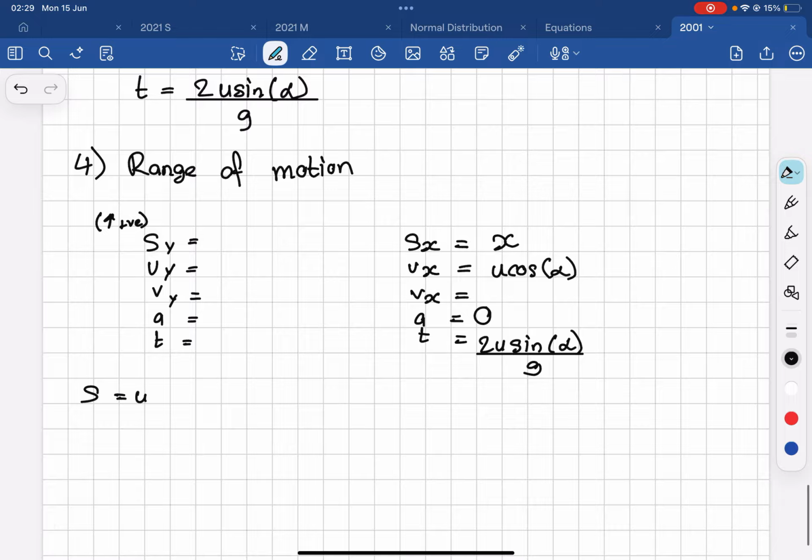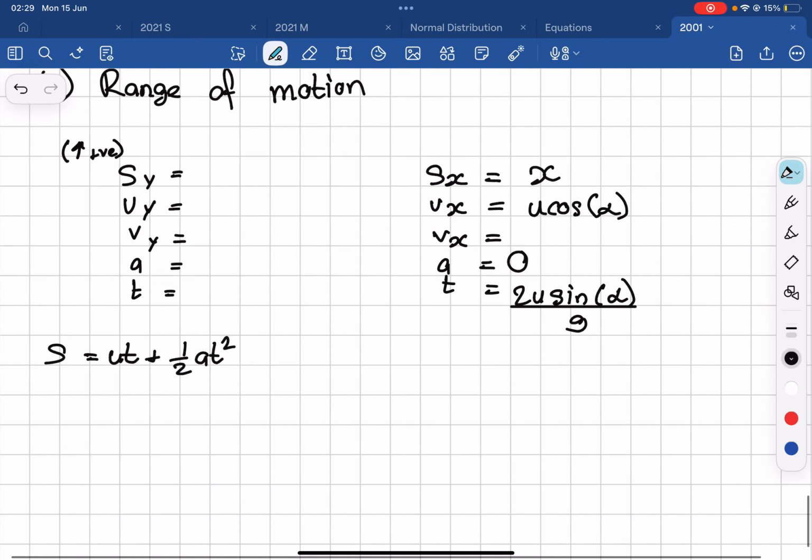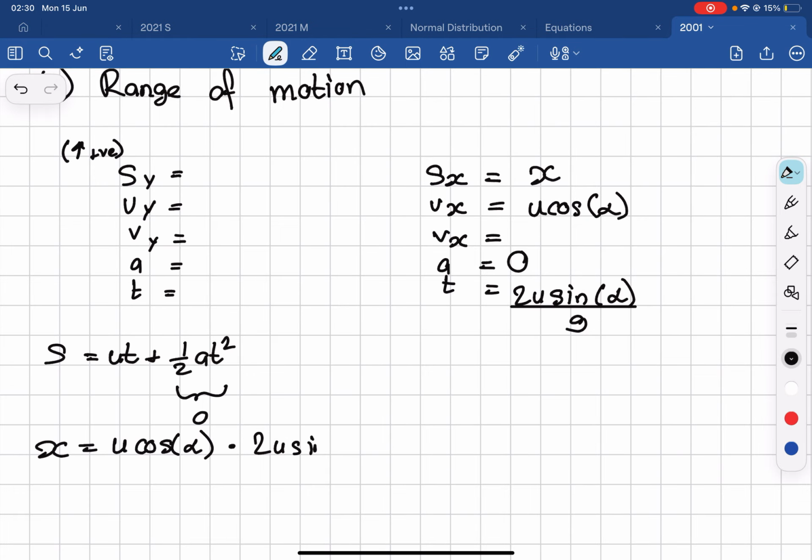So again, s equals ut plus a half at squared. Well, we know that a is 0, so all of this just becomes 0, so we're left with s equals ut. So we have x equals u cos alpha multiplied by 2u sine alpha all over g.